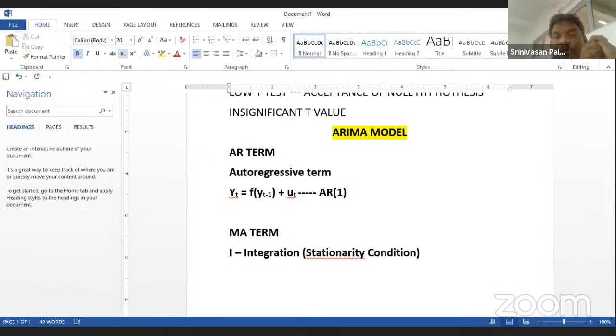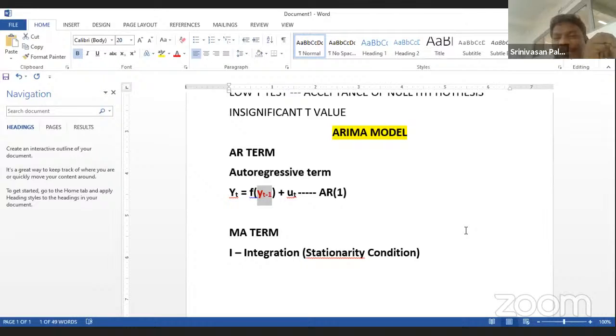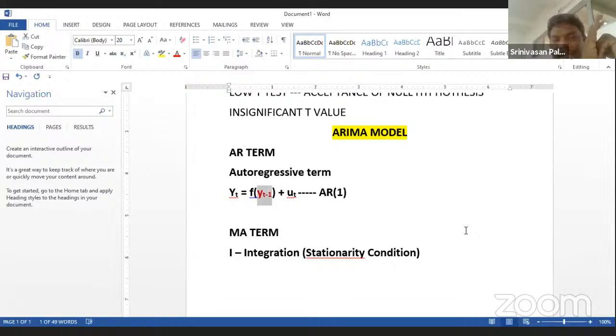What is 1 in AR1? 1 is nothing but the lag length, the lag of the previous data, T minus 1. Yes, correct, madam. What is YT minus 1? YT minus 1 is nothing but the previous day's value, that means the past values of the dependent variable.